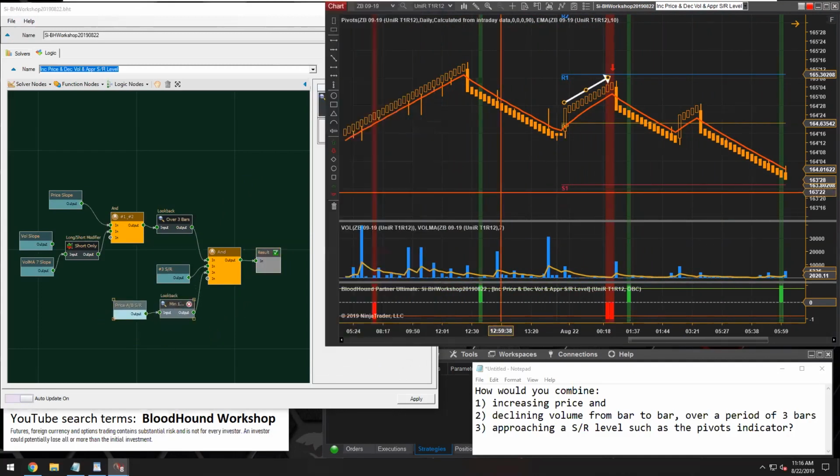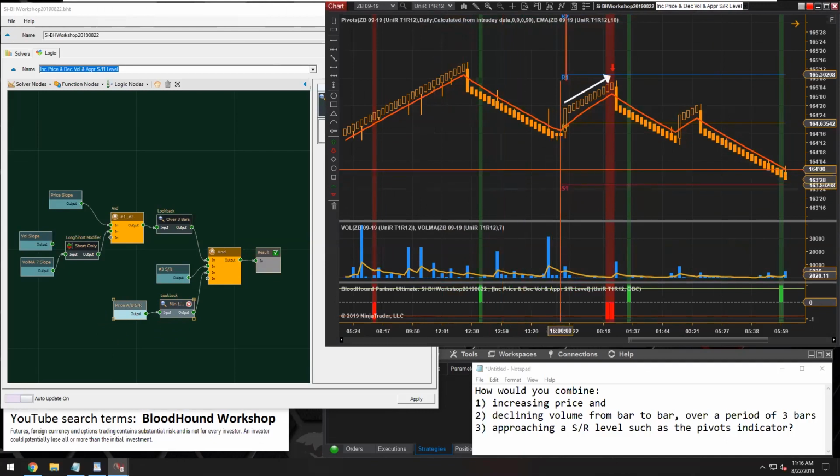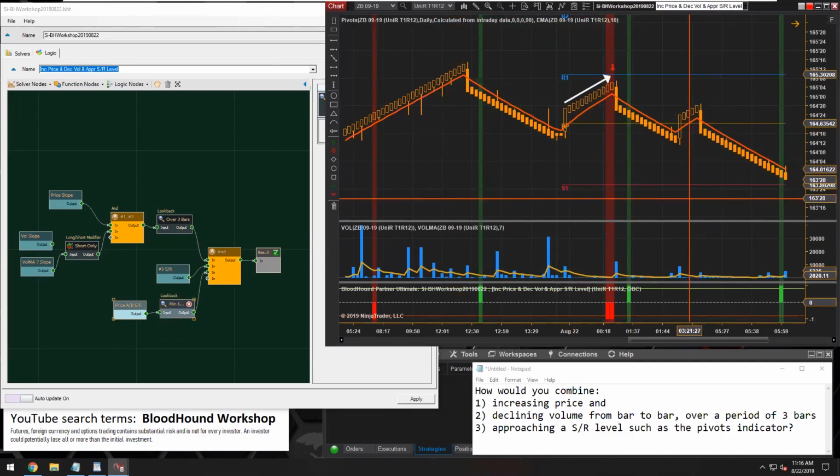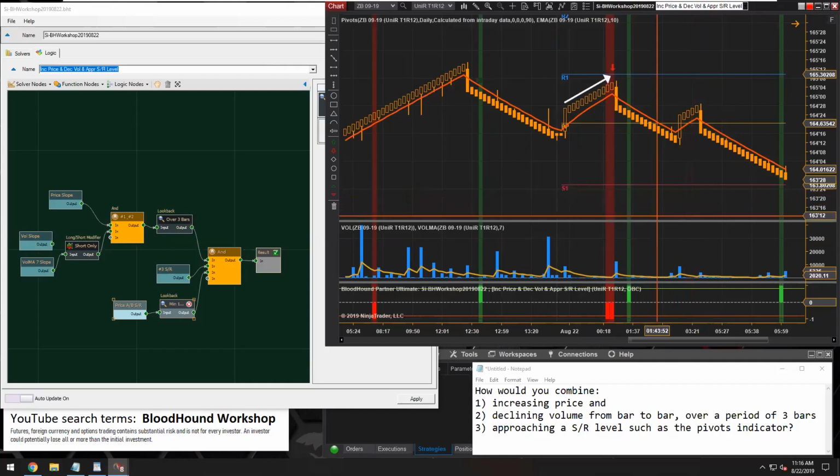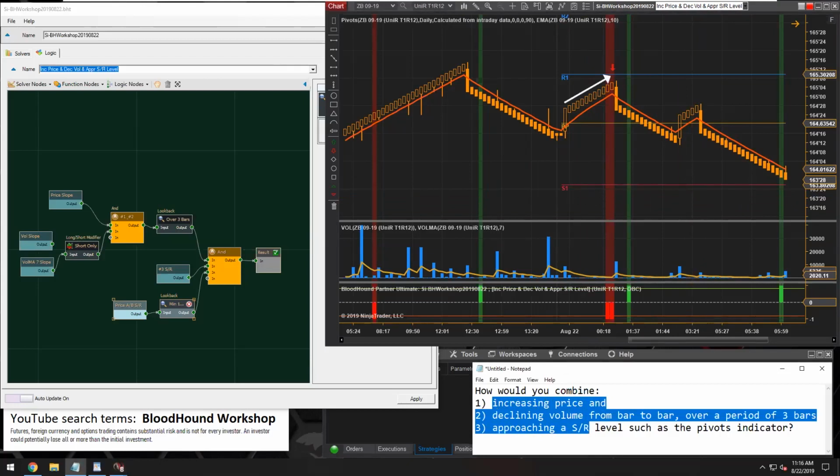That's what we're looking for. So yeah, this is it, basically. This set of rules is written to look for opportunities of price potentially bouncing off of a level there.